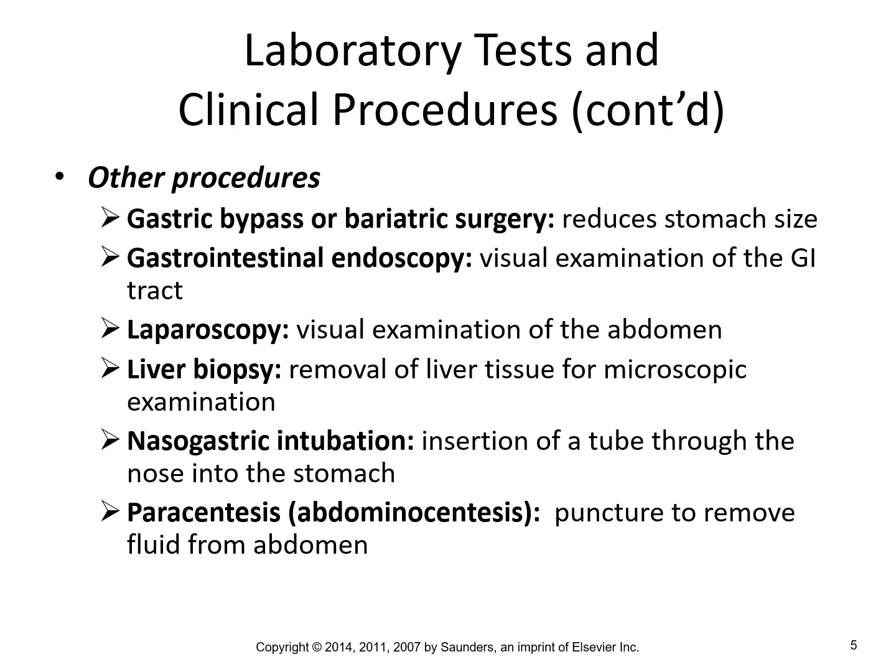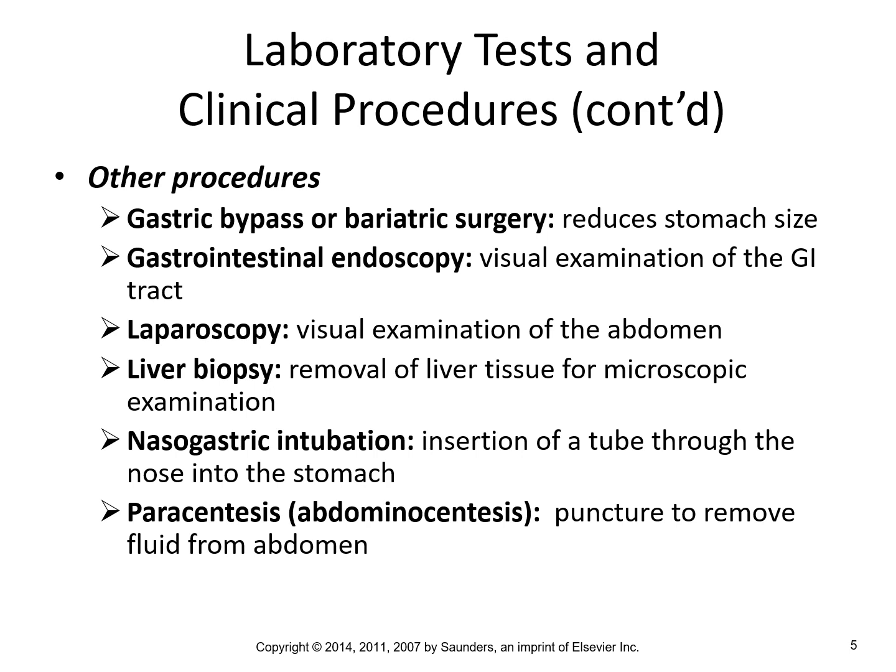You can also have laparoscopy, which is a visual examination of the abdomen, and that's actually where they make an incision into the skin and open the abdominal cavity, pull back the peritoneum, and take a look around. Then a liver biopsy is a removal of liver tissue for microscopic examination. And then nasogastric intubation.